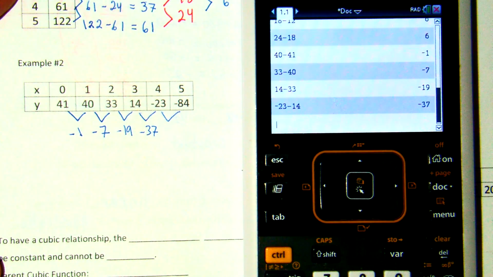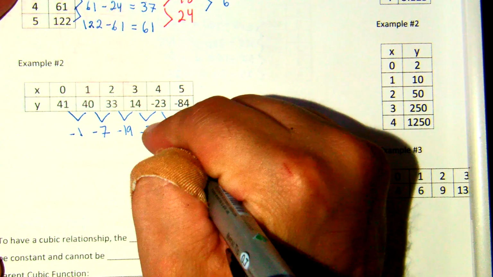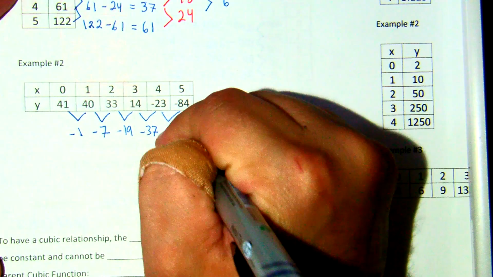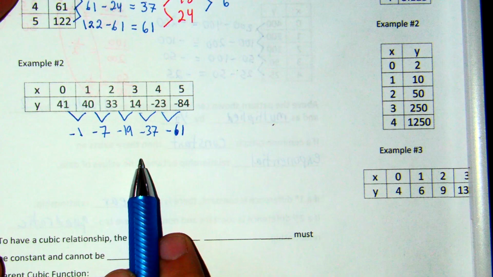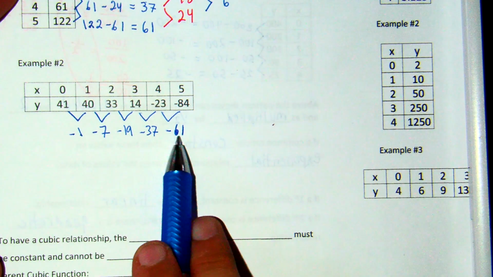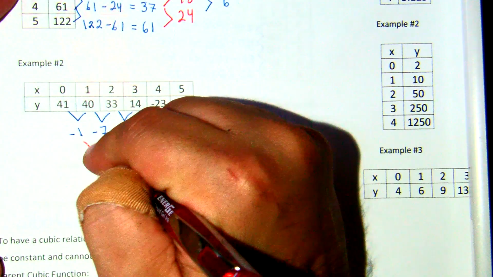Negative 84, subtract negative 23. We get negative 61. So for those that feel really comfortable in this part, if you want to turn it, show that work along the way, it's fine. If you're using the calculator to support yourself, this is what I want to see, that first difference. Okay, so now we can go find the second difference.